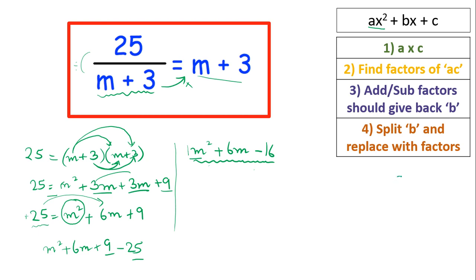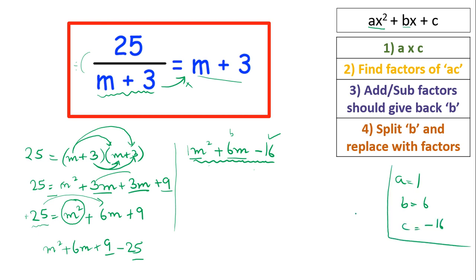Therefore, my a here is equal to 1. Then the second part, bx. What's my b here? It's 6m, so 6 stands for the b. So my a is 1, b is 6, and then the c is the standalone number without a variable, that is negative 16. c is equal to negative 16.